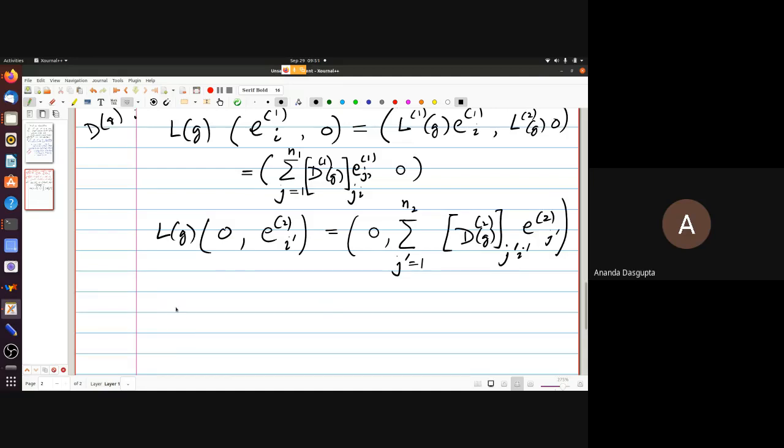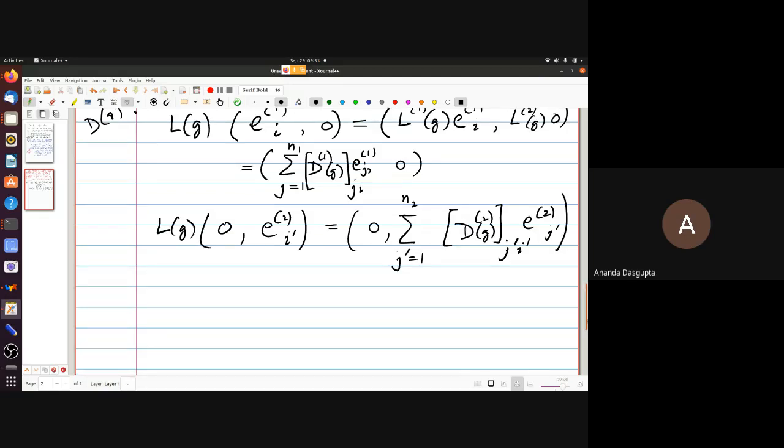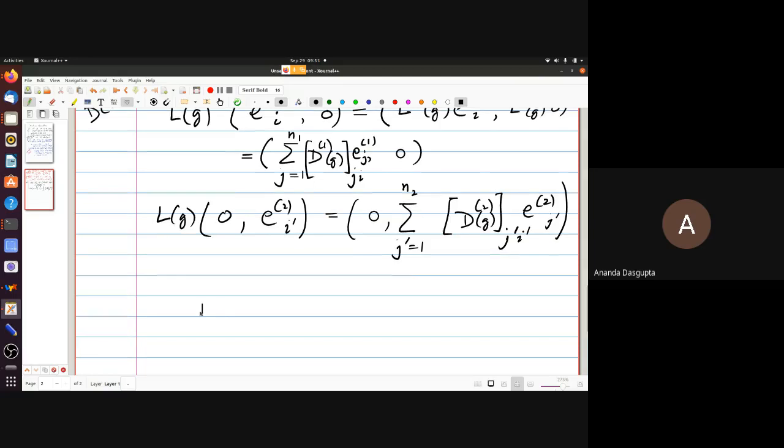So now if you want to use this information to write down the matrix representation for D(g), what are you going to get? You are essentially going to end up with this. You are going to have a square matrix d1(g) sitting here, which is an n1 by n1 dimensional matrix up here.